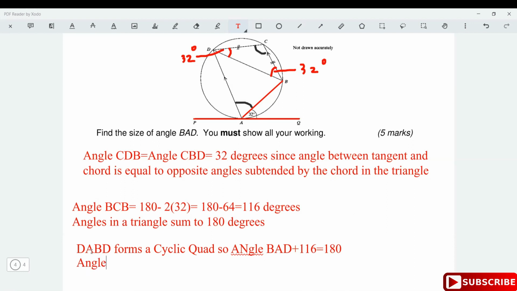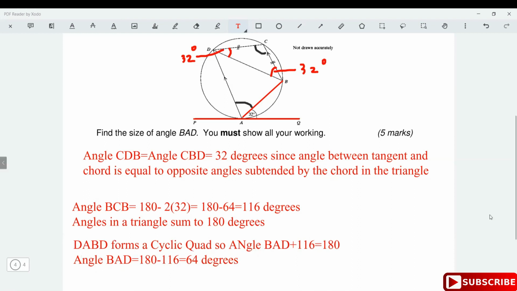And so angle BAD is equal to 180 minus 116, which is equal to 64 degrees. That's it. Easy, soft, nice.